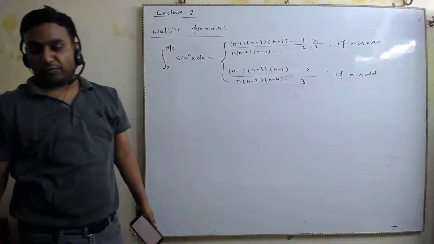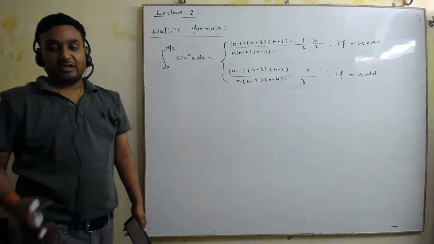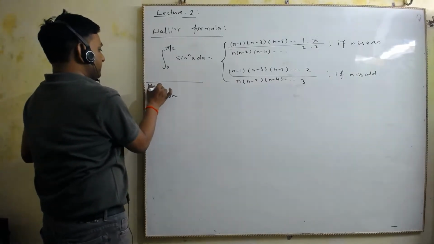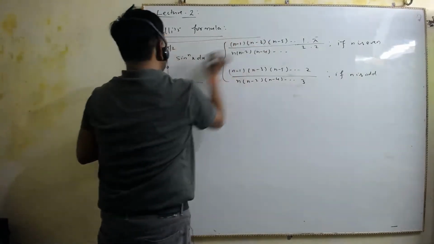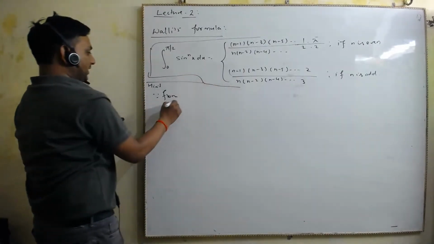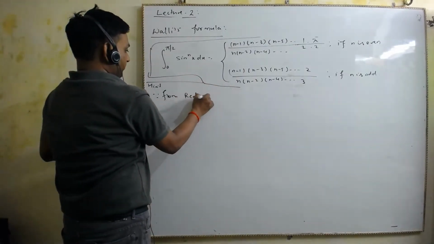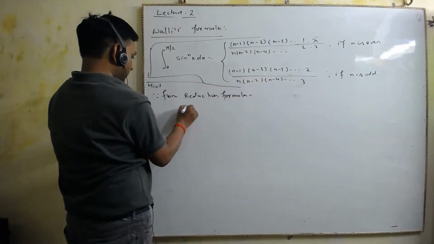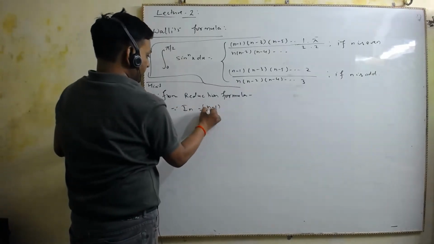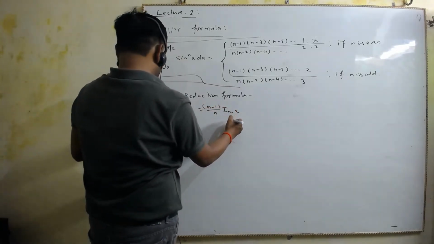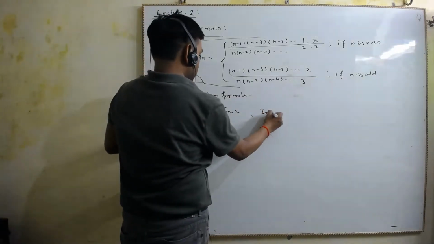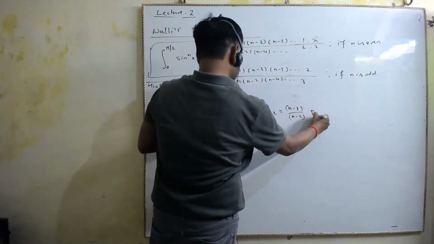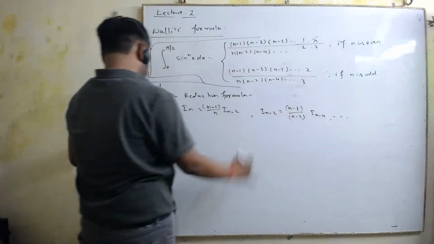So if you want to know from where the Wallis formula is coming out, what you can do is use the reduction formulas. Although you are supposed to remember this expression directly, we will be able to derive it from the reduction formula. What is the relation? In is n minus 1 upon n into In minus 2, right? In minus 2 can be written as n minus 3 upon n minus 2 into In minus 4, and so on, right?